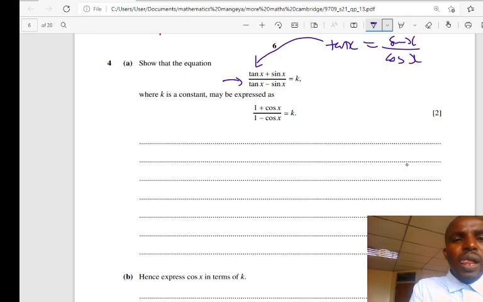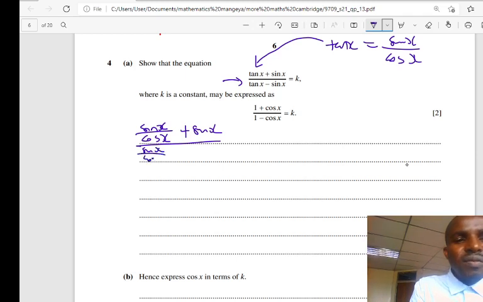Right, first thing, where there is tan x, let me just put sin x over cos x here. Then plus sin x, numerator over denominator, I say sin x over cos x minus sin x. So you have the numerator and you have the denominator here.